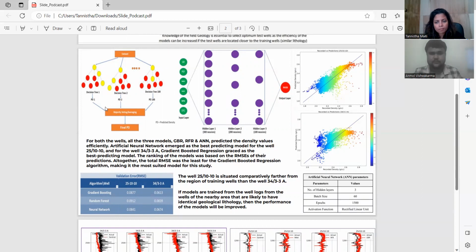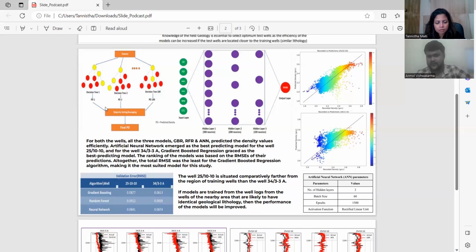In the middle we have the artificial neural network, in which we estimated the number of neurons, 300, 200, and 100, from the hyperparameter tuning, along with the number of hidden layers and the activation function. After hyperparameter tuning, the results are in the table on the right hand side at the bottom.